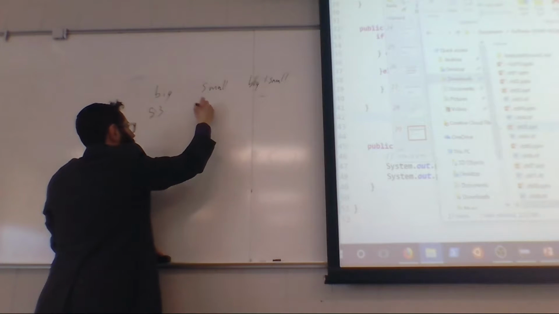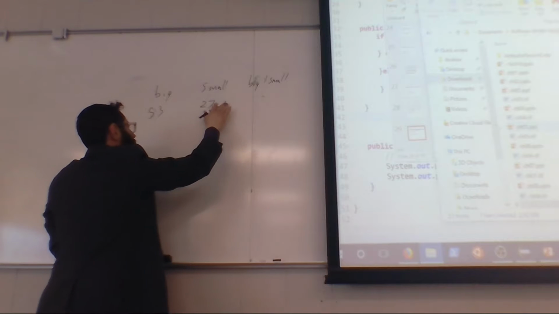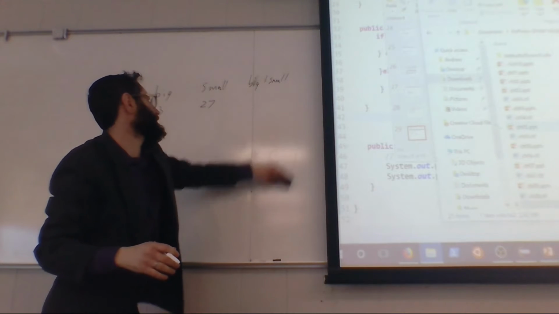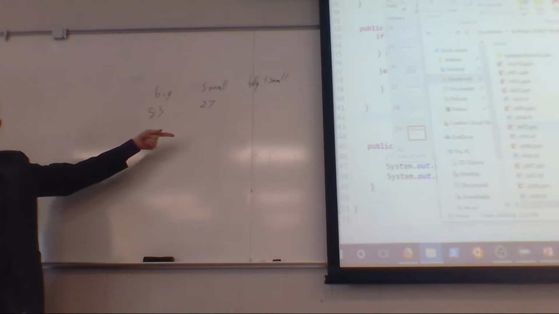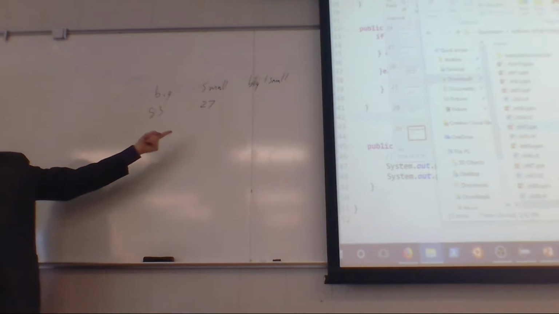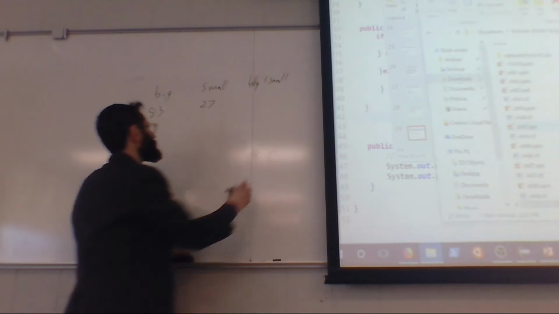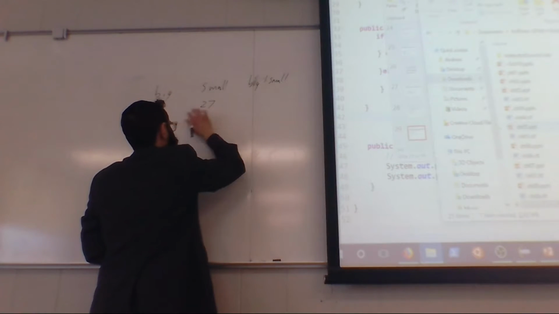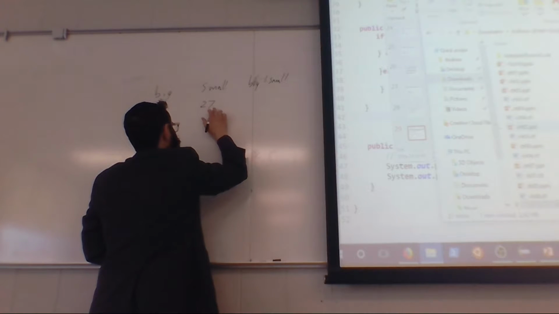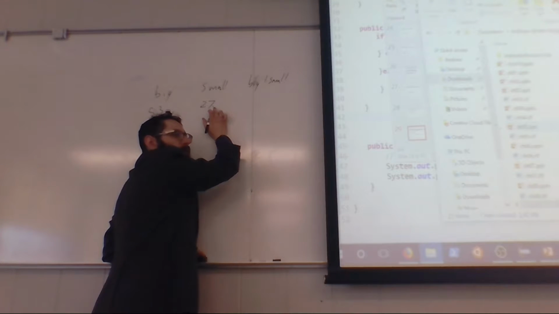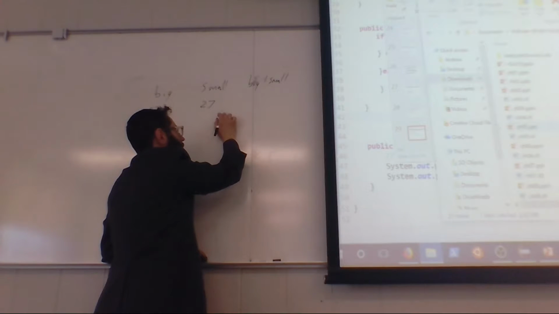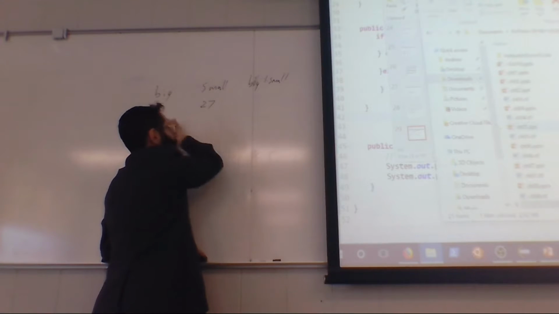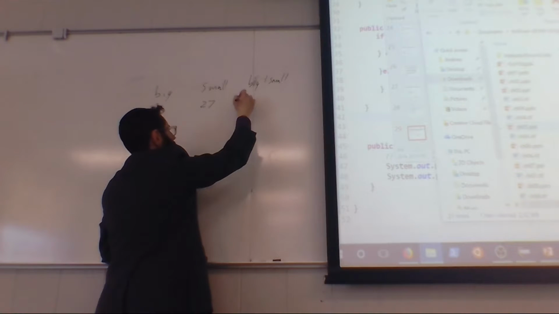So 53 and 27, they are relatively prime. This won't cleanly divide this, because if I multiply 27 by 2, that's going to give me 54, which is bigger than 53. So now I have to calculate 53 mod 27.